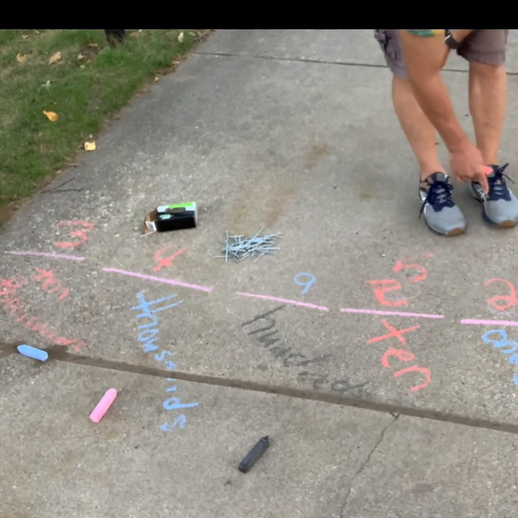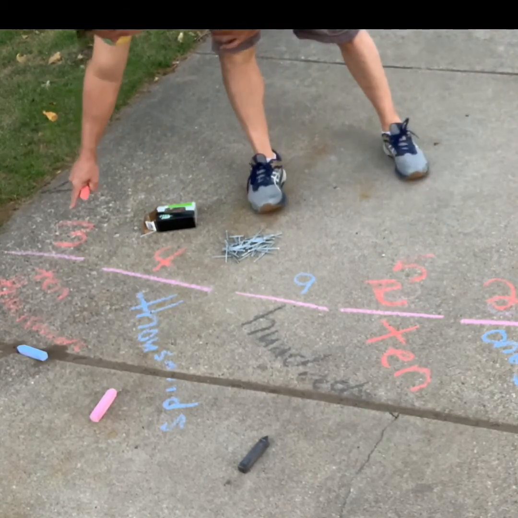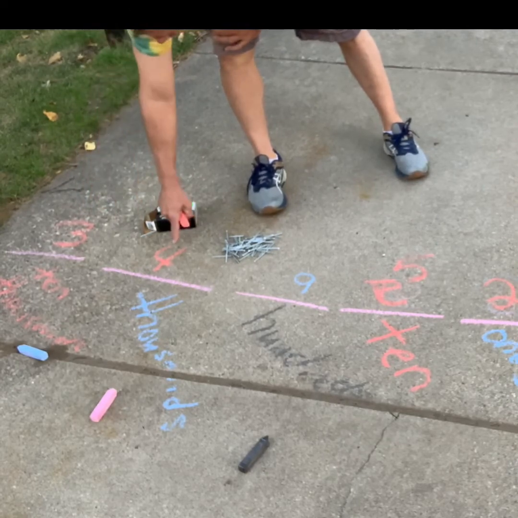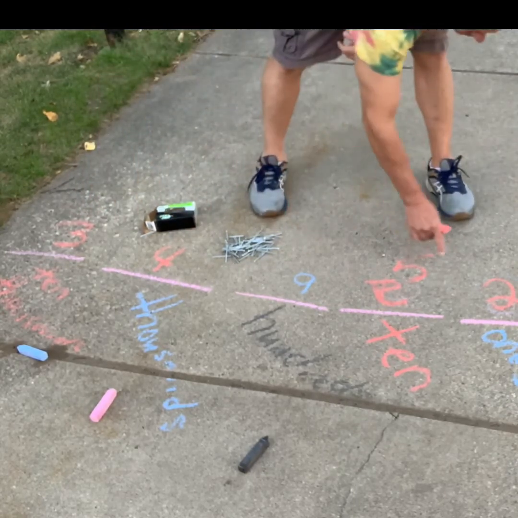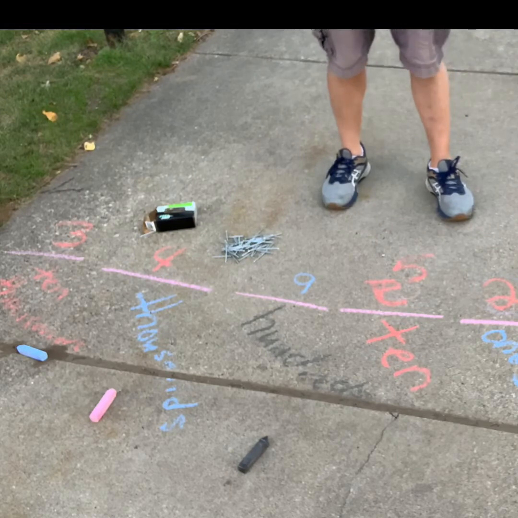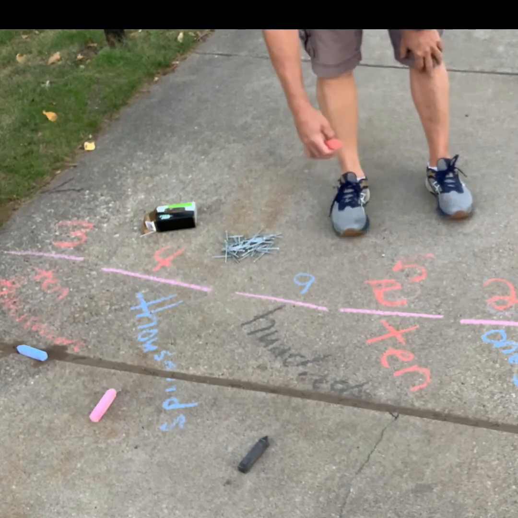And then it's just 2 ones, which is 2. So I would call this 34,952. That would be the number, and that's how we break it down.